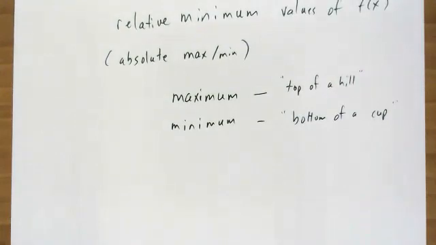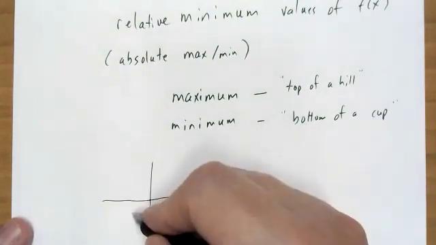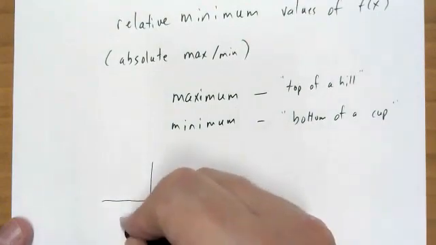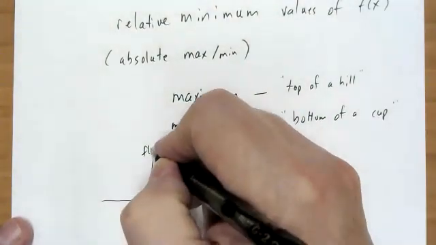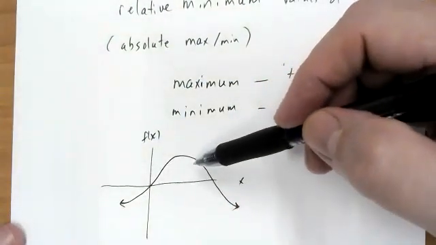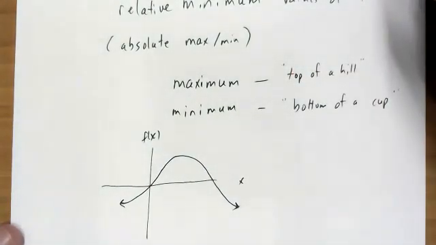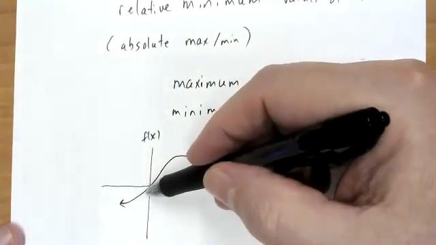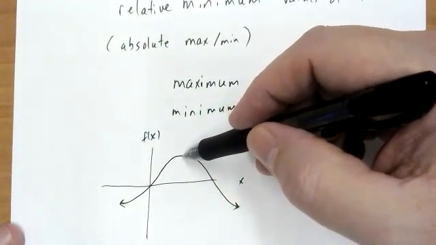All right, this is going to be a very easy concept. So if I have a graph like this, and I'm asked to find the maximum or minimum, the maximum just means, where on this graph is the highest point.